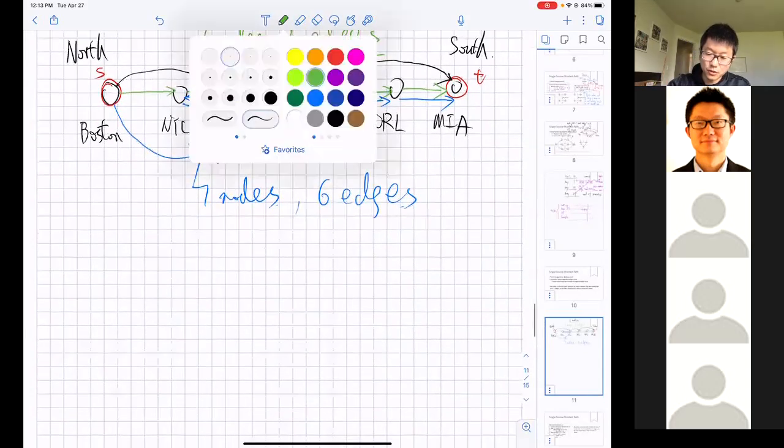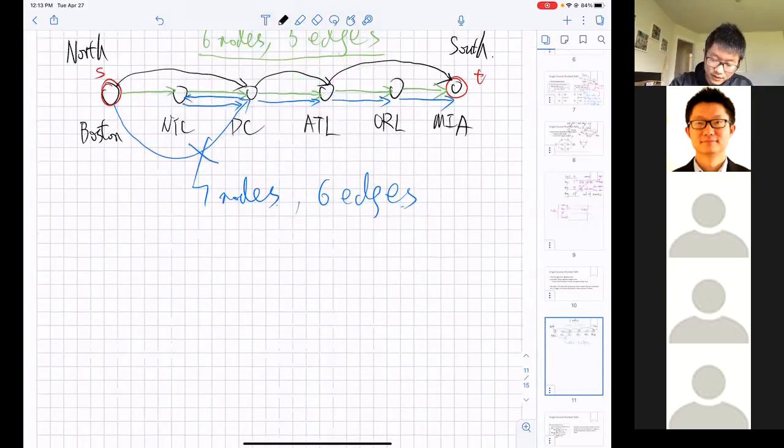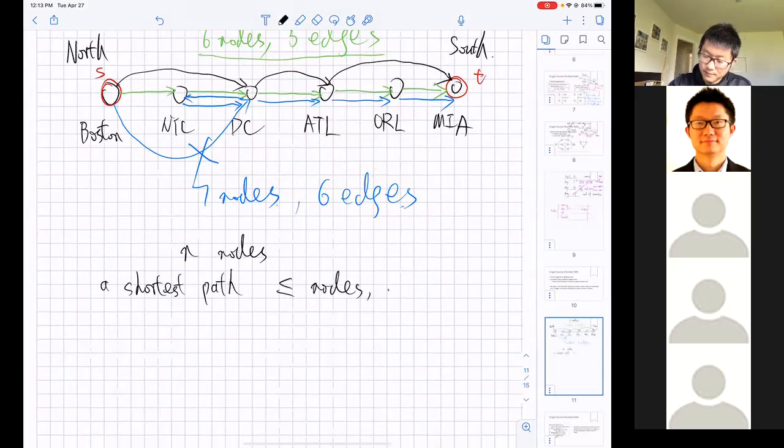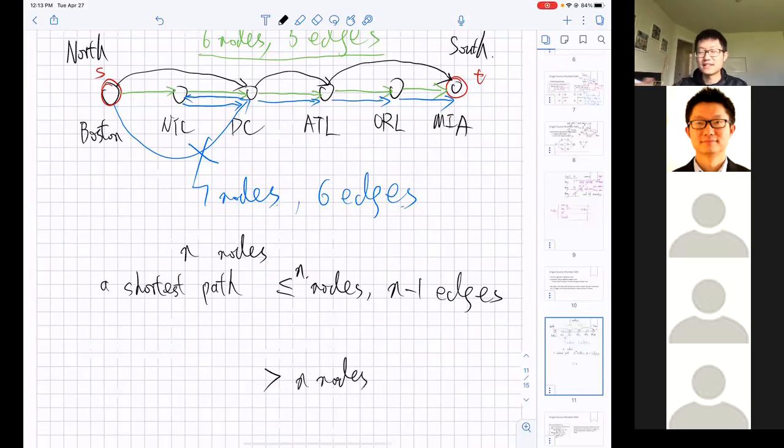If we have n nodes, a shortest path can have at most n nodes and n-1 edges to connect these n nodes. If there are more than n nodes included in a path, do you know what that means?